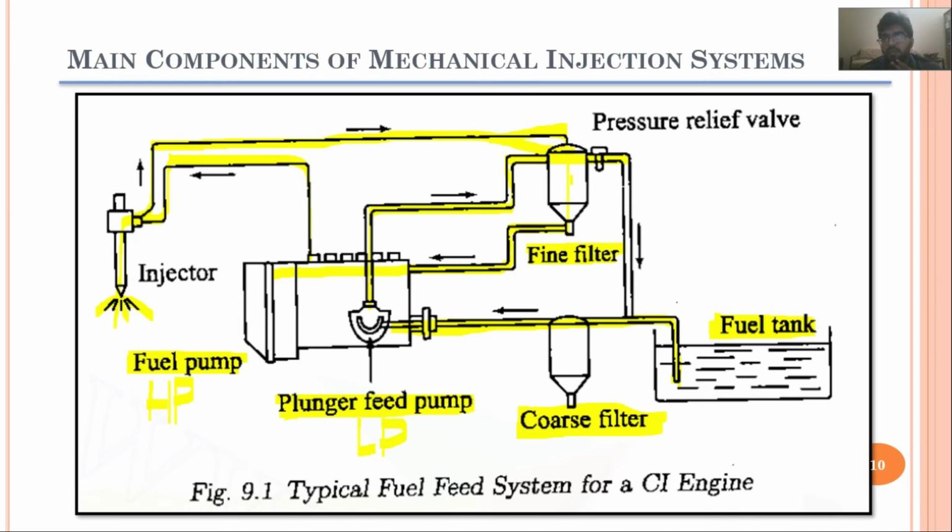And if there is some increase in the pressure, here you can see there is a pressure relief valve. It will open and that excess fuel would be sent back at this point. So this is how the main components of the mechanical injection systems are working.